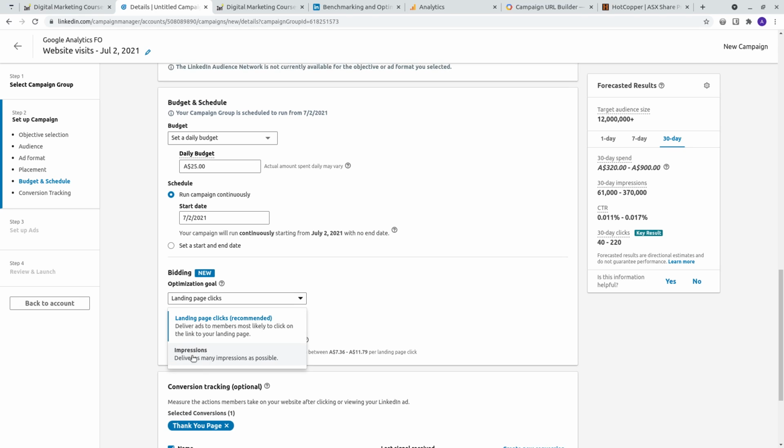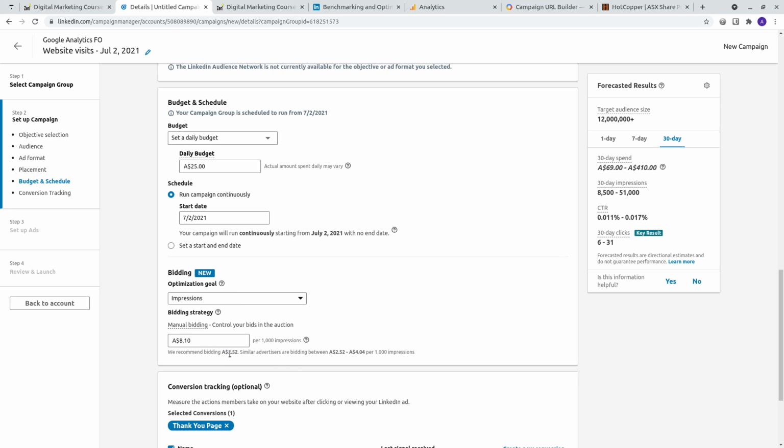And then a lot of people would obviously opt for impressions, and they'll pay by the impression. So $2.52 per 1,000 impressions. The reason they would do that is because if you are confident that you're going to get a higher click-through rate, then this will lead to maximum exposure on the LinkedIn medium.